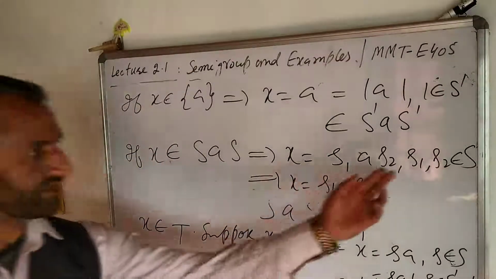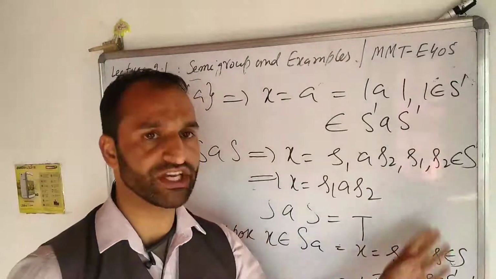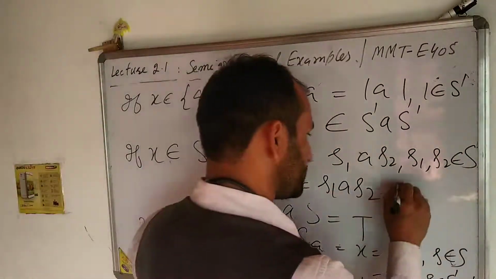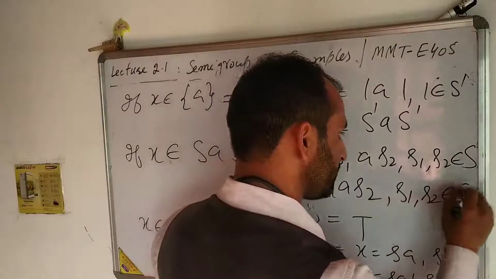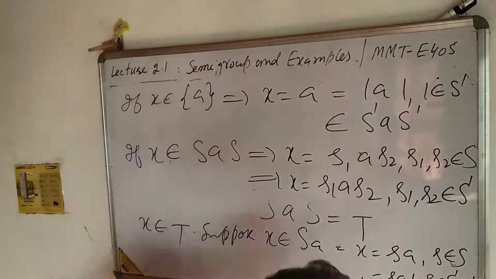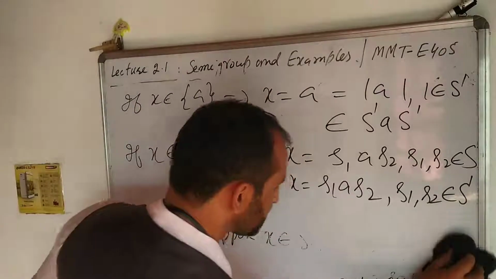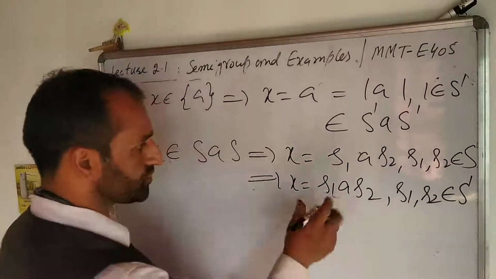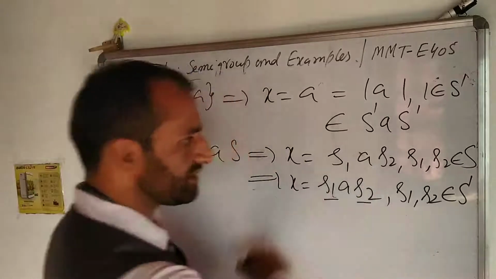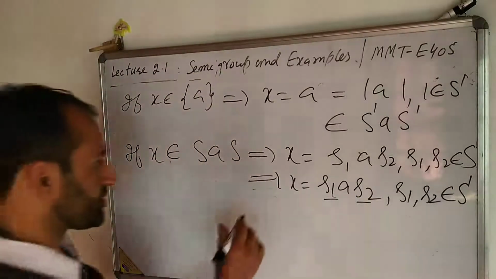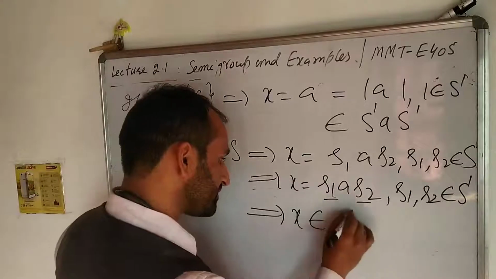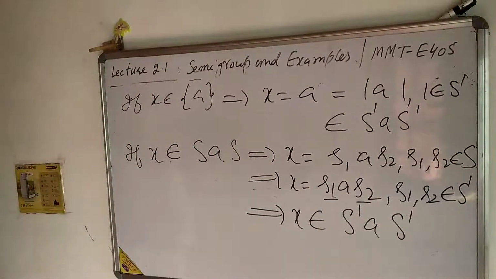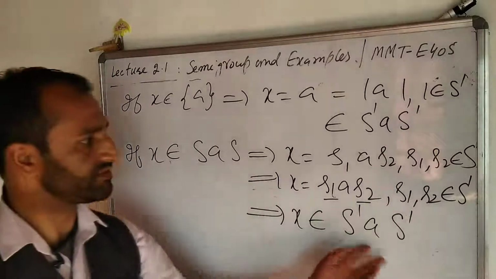Since S1 and S2 belong to S, they also belong to S1 because S1 is bigger than S. So again this X is the product of three elements, and the first and the last elements belong to S1. So this implies X belongs to S1A S1. So in all the cases X belongs to S1A S1.